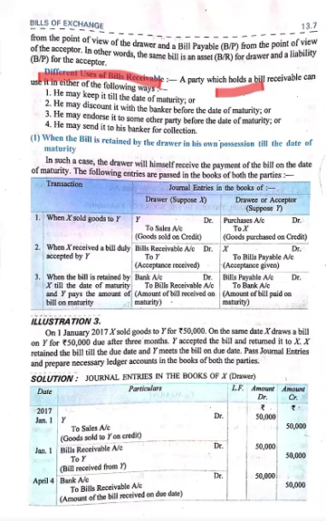At that time he will receive the payment. Next, if he needs money before the due date, he usually goes to the bank and gets the bill discounted. At the due date, the bank will collect the money from the acceptor. Now, he may endorse it to some other party.